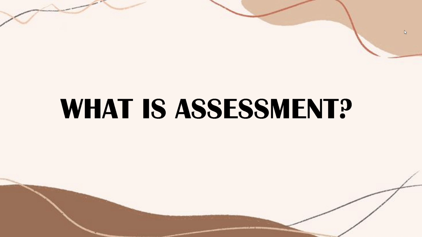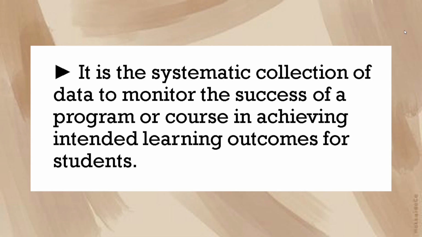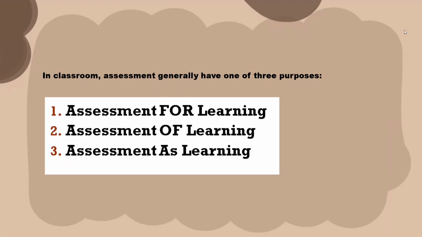And last, assessment as learning encourages self-reflection and self-assessment by students. It is the systematic collection of data to monitor the success of a program or course in achieving intended learning outcomes for students. In a classroom, assessments generally have one of three purposes.